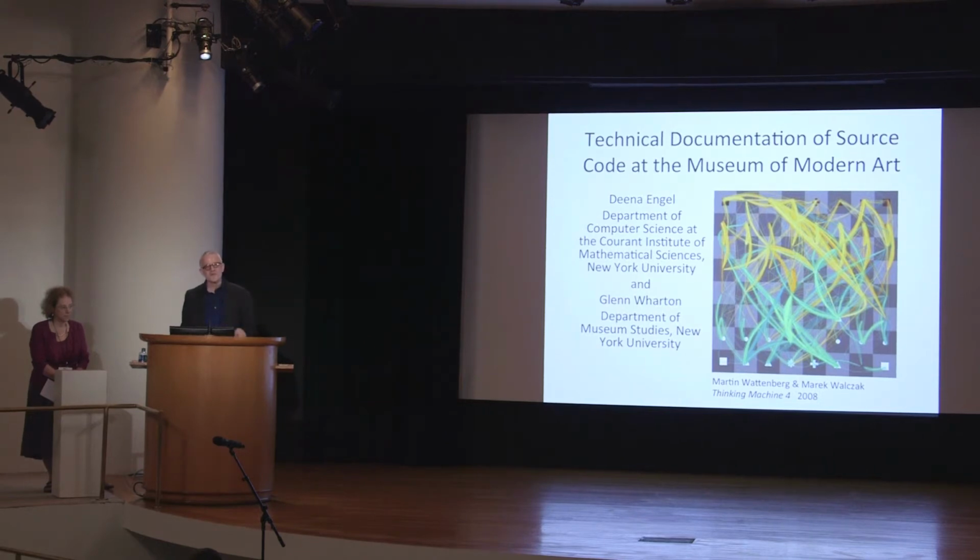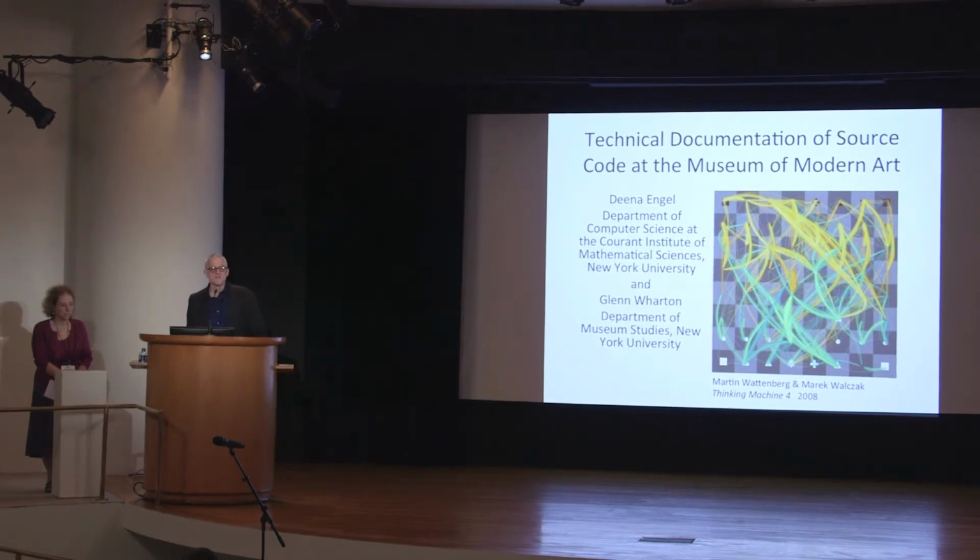The next level was to think, well, what are the highest vulnerabilities among the works that are dependent on artist-generated source code? Working with Deena, we decided it was the source code itself and keeping it operable in the future, the need to recompile or the need to work with it one way or the other.